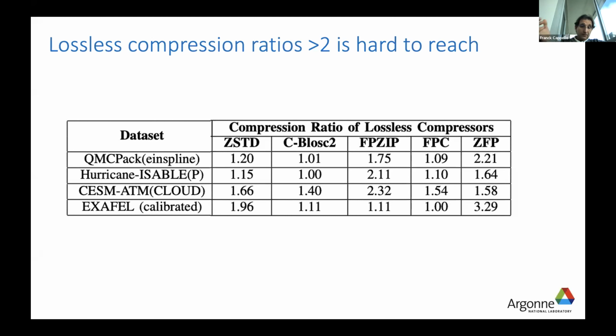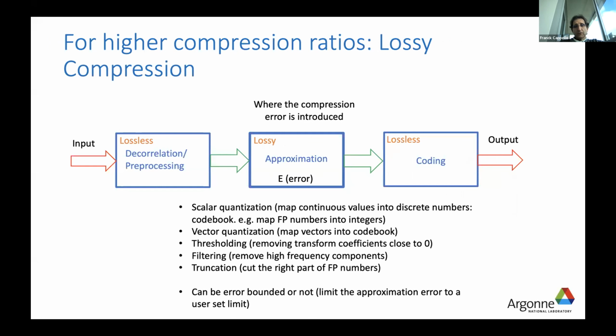You can see that lossless compression is providing compression ratios of 1, sometimes 2, sometimes 3. ZFP does a very good job reaching 3 or more than 3 on lossless compression for exaflop. But this is still not enough for most applications, and so we need to test lossy data reduction techniques. So how is this done?